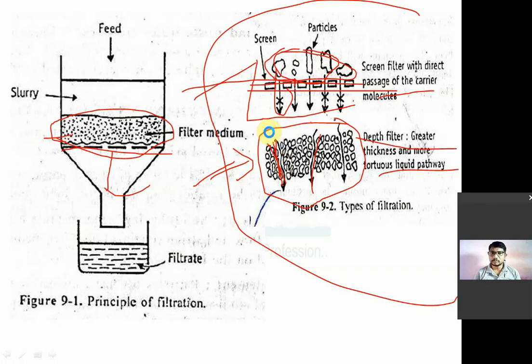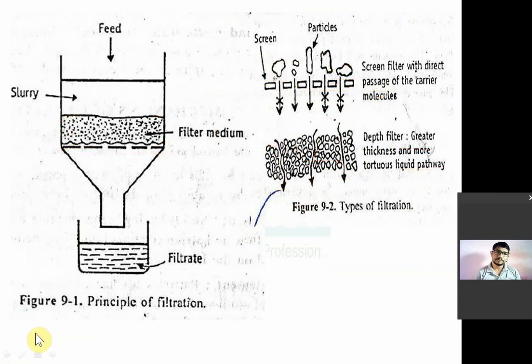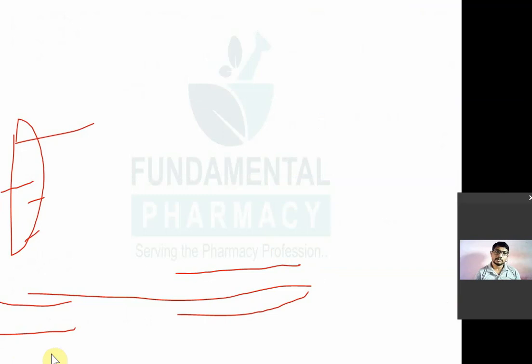What are the theories of filtration? You may think filtration is a very simple chapter, but questions come on its theories, its mechanism, the different types of filtration, filtration utensils and operators. Now, what do you mean by theory of filtration? The rate of filtration, the velocity of filtration, means the amount of liquid cleared per unit time. That is nothing but the rate of filtration or velocity of filtration.